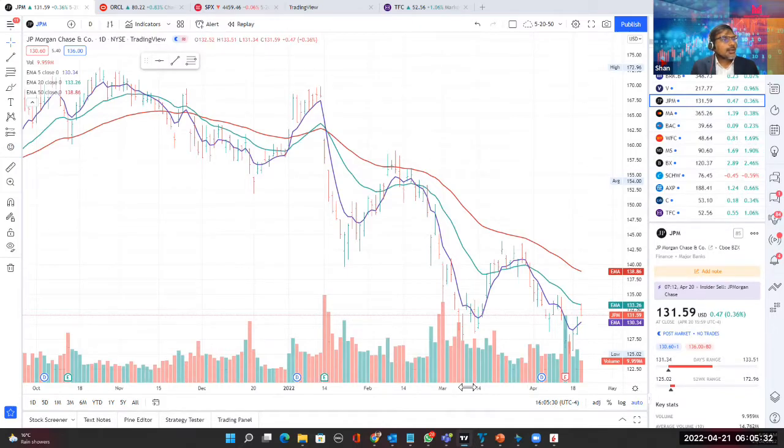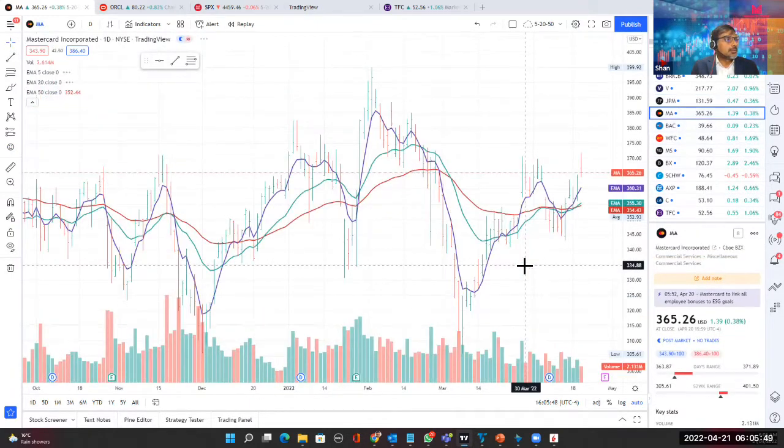Anyway, you can see overall from left to right, the stock has been trading lower. So you can easily understand that it is a bearish stock at this moment. Mastercard, it has been pretty zigzag for the last couple of years almost.